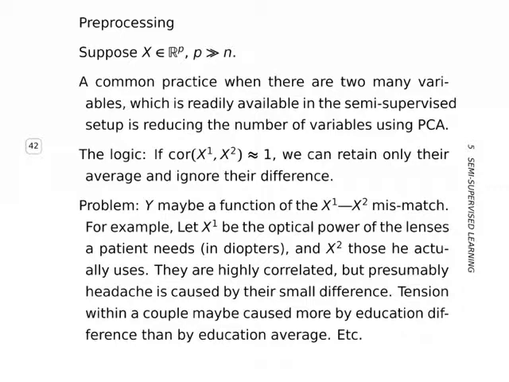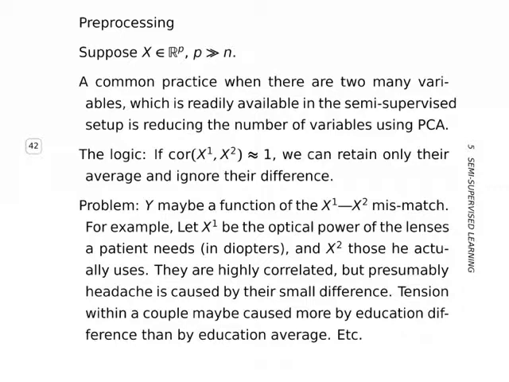The logic is that if the correlation between x1 and x2 is very close to 1, we don't need both of them. We can retain only the average, ignore the difference, and if we have more than two variables, then PCA is a natural way to find structures like that, where we don't really need everything, and we can reduce dimensionality. And this reduction in dimensionality was done using only the X observations, no Y's in this stage.